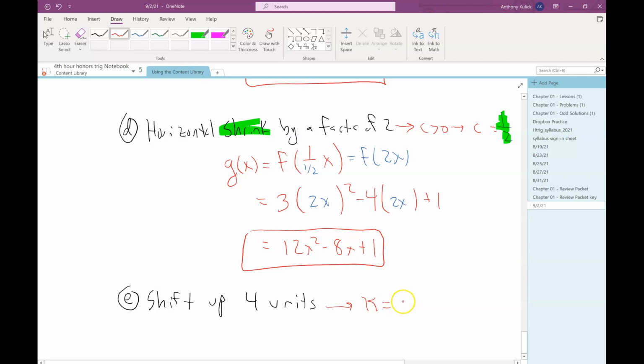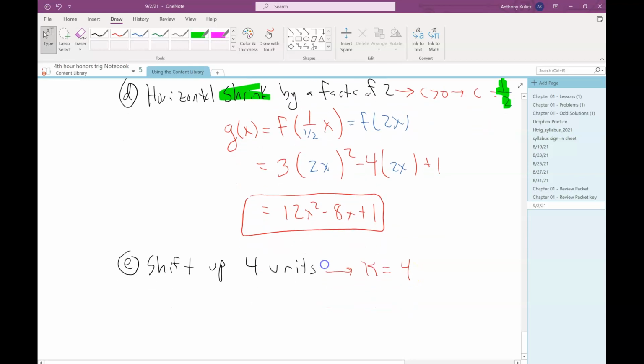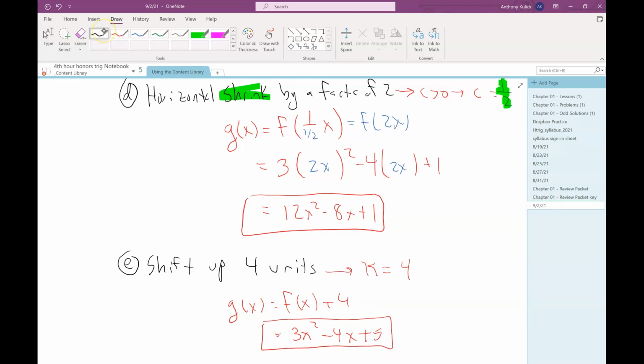Since it's going up, k has to be positive, and since it's 4 units, it's going to be 4. So we have f of x plus 4. So that's just going to be 3x squared minus 4x plus 5. Right, just added 4 to the end of f of x.